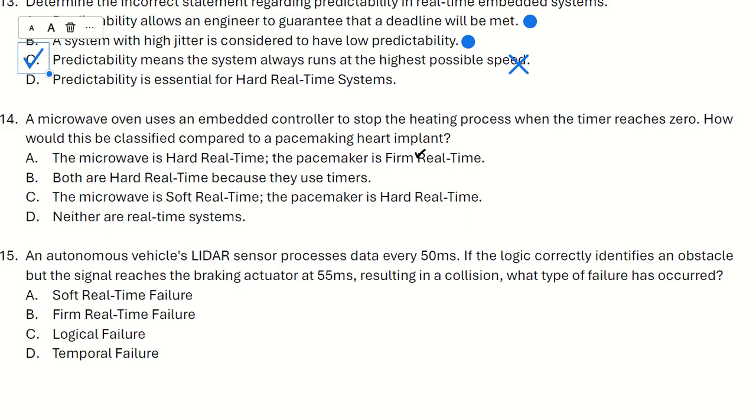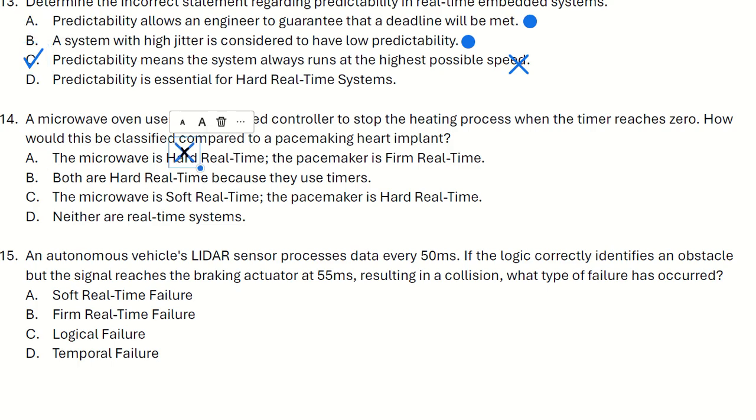Okay, so a pacemaker implant I think is a hard real-time system, correct? Compared to the oven. The microwave oven is a commercial device. So both have a controller definitely, but one is relatively cheaper compared to the medical grade device. So let's go through the selection.